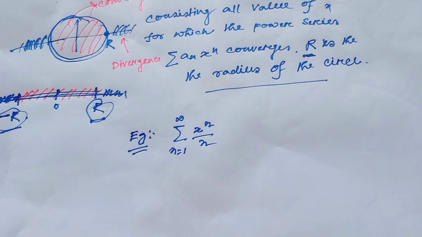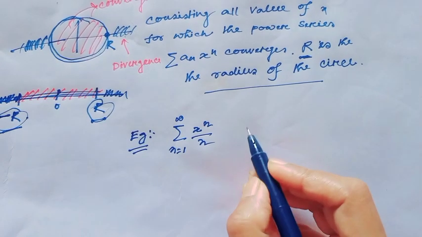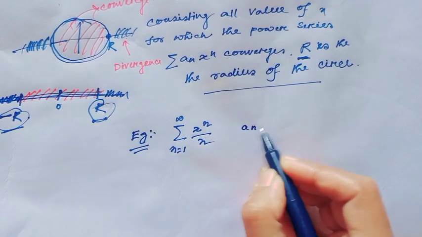One example: the power series sum from n equal to 1 to infinity of x to the power n over n. Notice here a_n equals 1 over n.